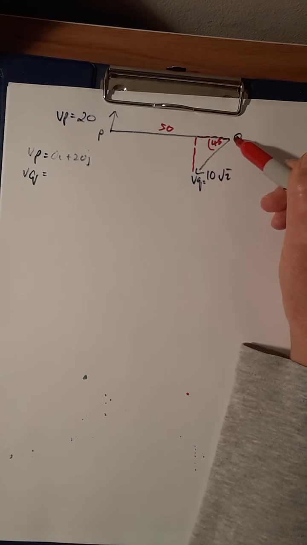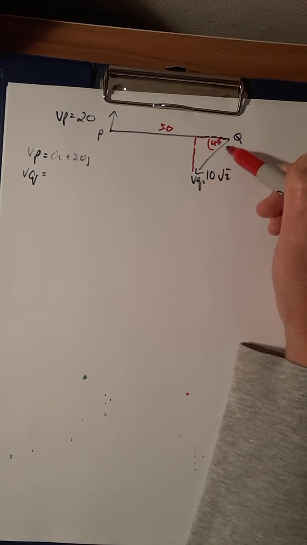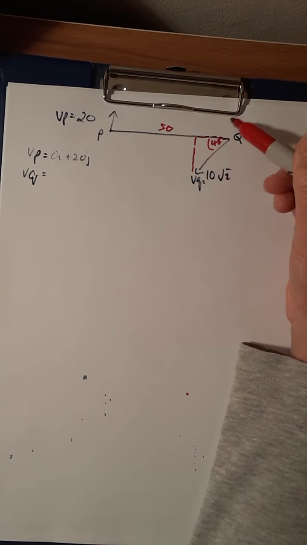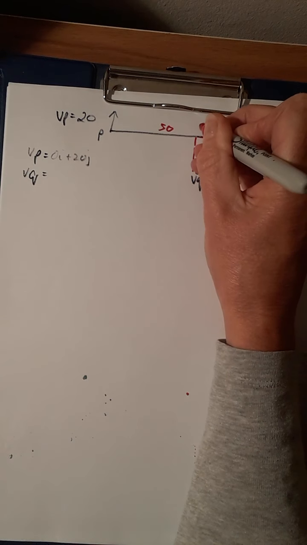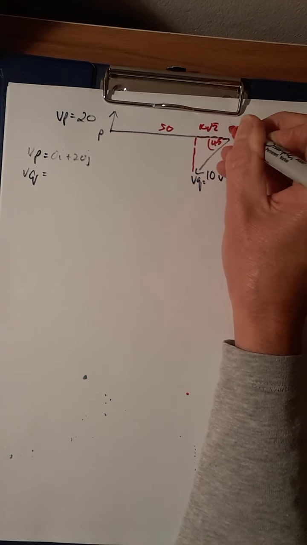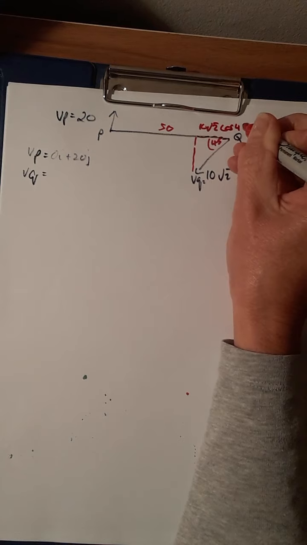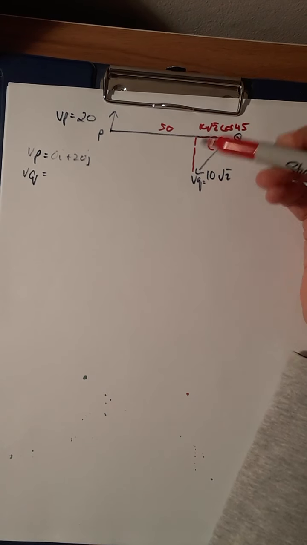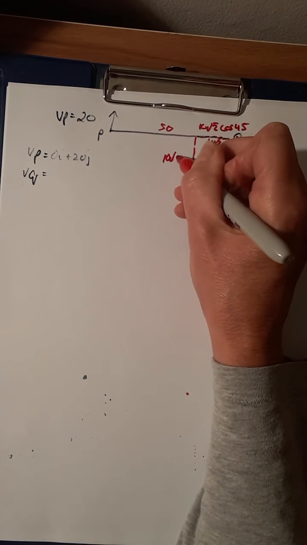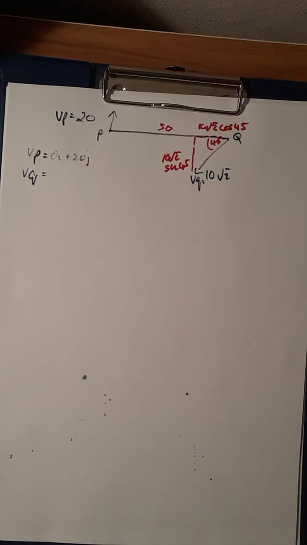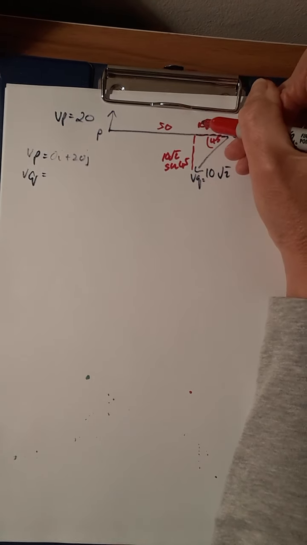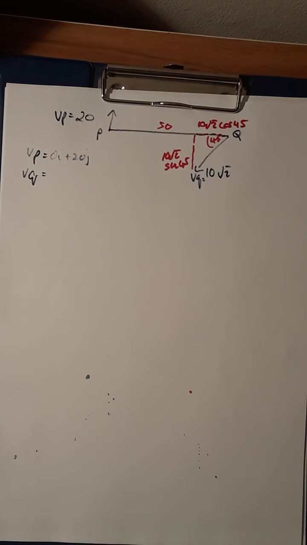So this component here, if I take that little right angle triangle that I've just drawn, this is the adjacent side. So this one will be 10 root 2 cos 45. And of course, this one over here is going to be 10 root 2 sine 45. So they're my two components for the I and J.